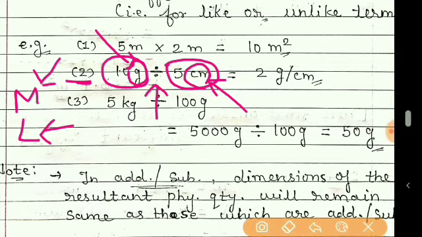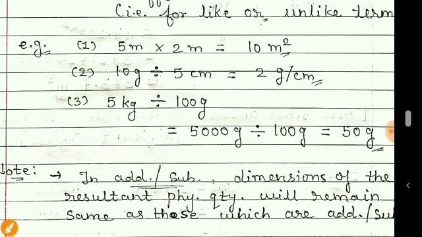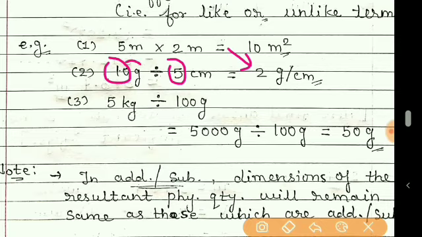In that case we can divide, because this rule says that you can do multiplication or division with any type of physical quantity. Now 10 divided by 5 gives 2, and gram upon centimeter, so it is here.